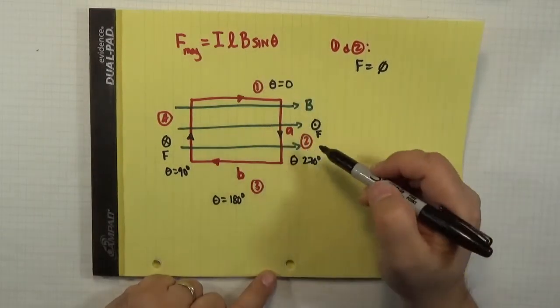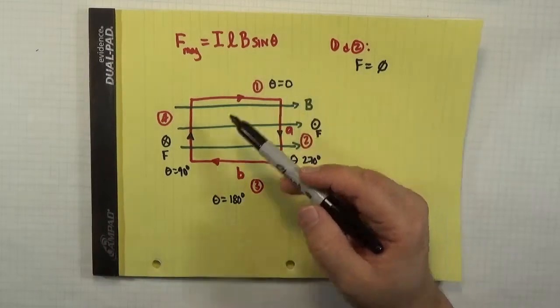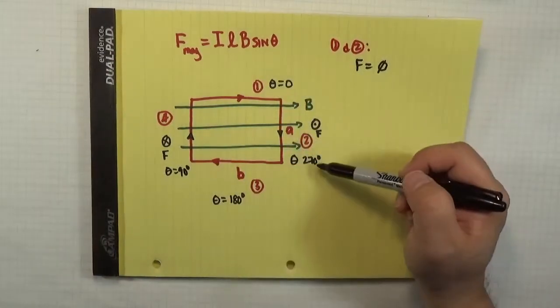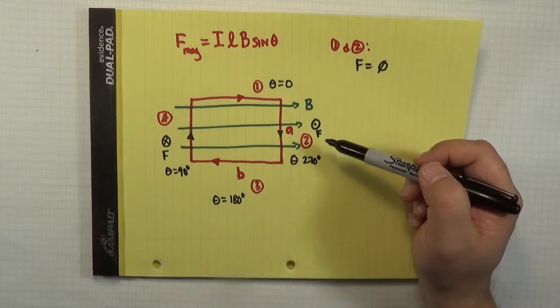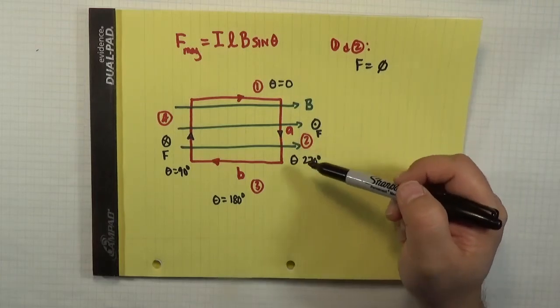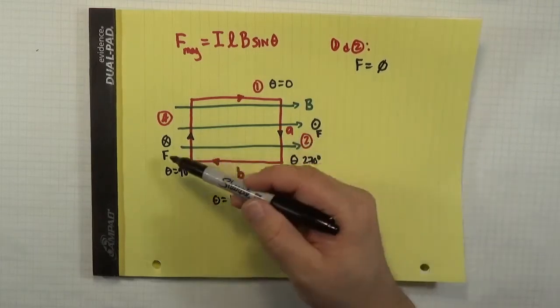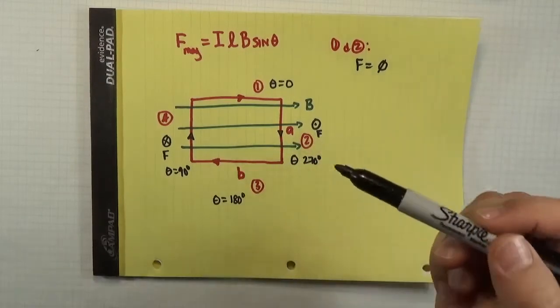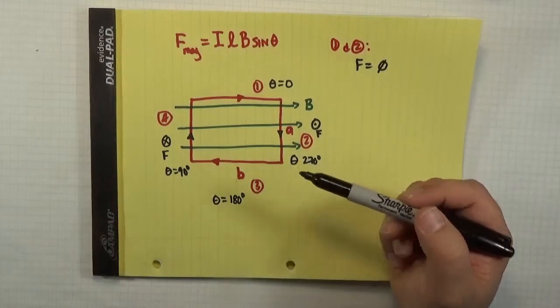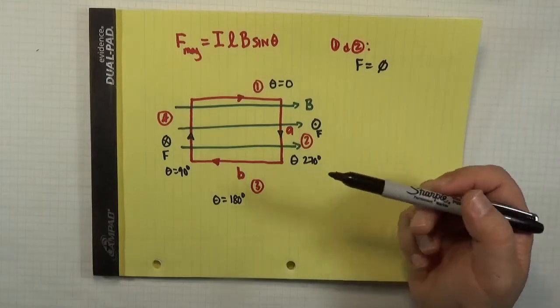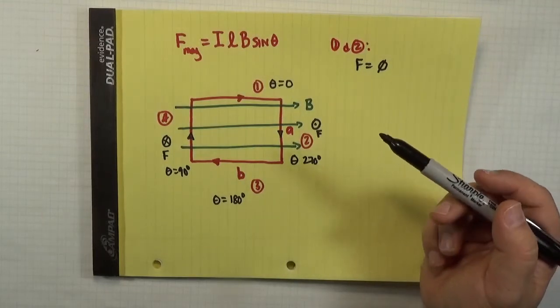And in these two cases, the sine of 90 degrees is plus 1, the sine of 270 degrees is minus 1. So the minus sign difference gives you the fact that the force is pointing up or the force is pointing down. That is, they're pointing in opposite directions, which we knew because we'd worked that out from the right-hand rule.